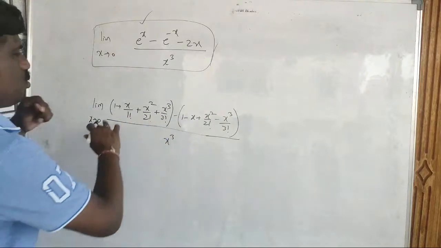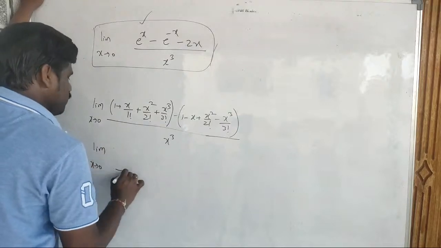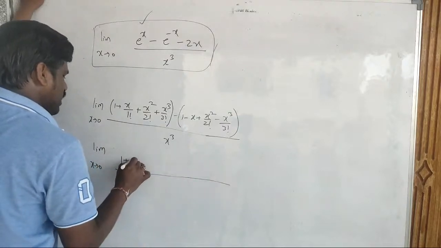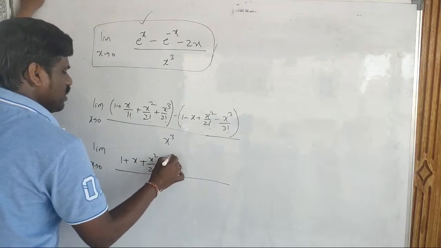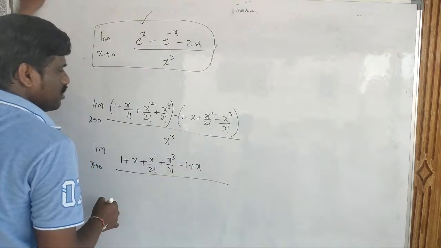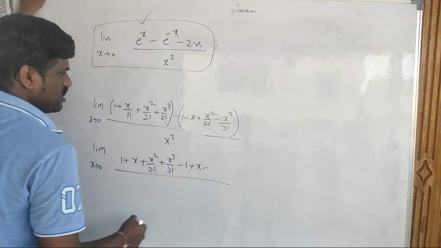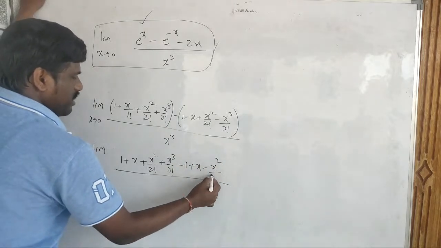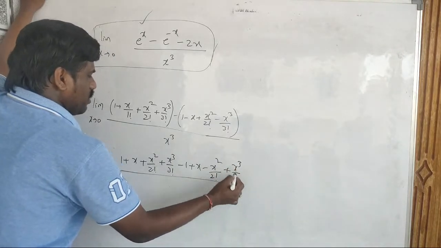Now you can expand, open this. What I get here, limit x tending to 0: I get 1 plus x plus x square by 2 factorial plus x cube by 3 factorial, minus 1 minus x plus x square by 2 factorial minus x cube by 3 factorial.